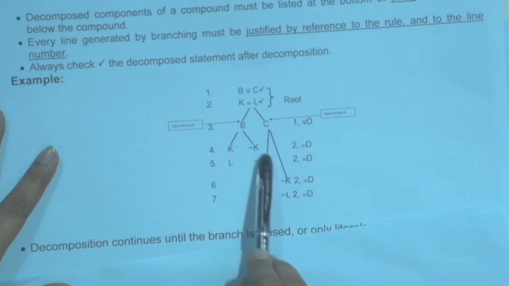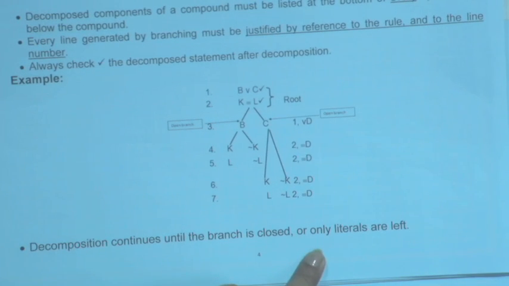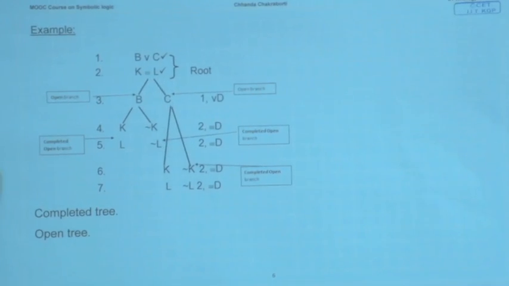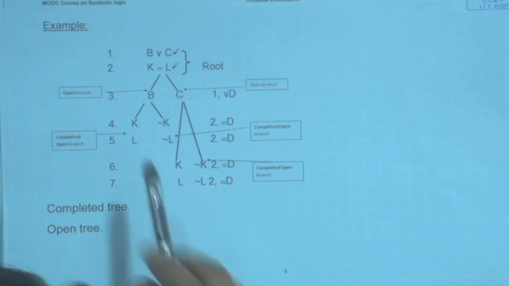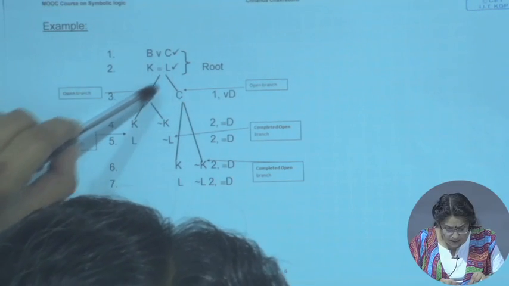Take a look, you have reduced it all to the literals level, okay, and all decompositions have been done, only literals are left. Let us take a look at this, and this would be our last slide for this module. You did the tree and you found that this is an open branch, this is an open branch.